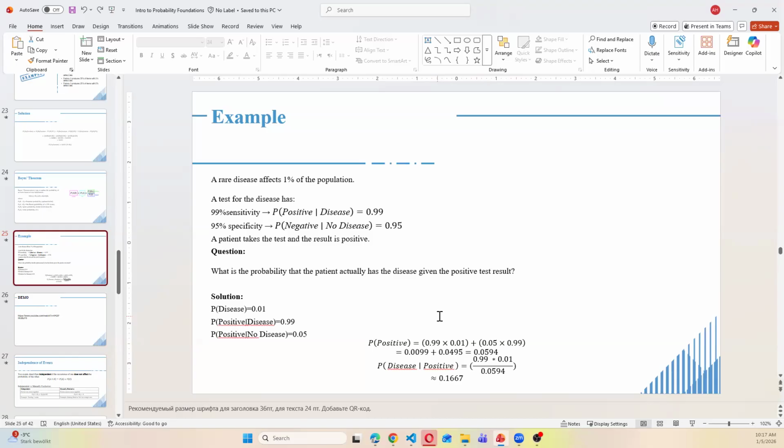A rare disease affects 1% of the population. The probability of positive given disease is 0.99. It should be less.